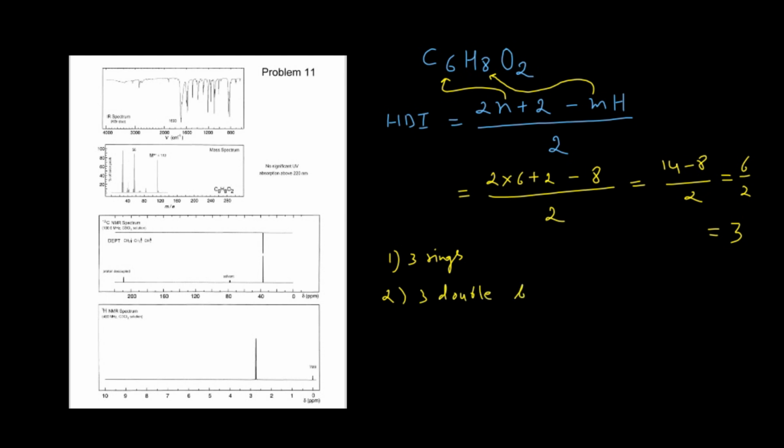Third possibility is 2 rings plus 1 double bond. Fourth possibility, 1 ring plus 2 double bonds. There may be other possibilities also. You can check on your own.